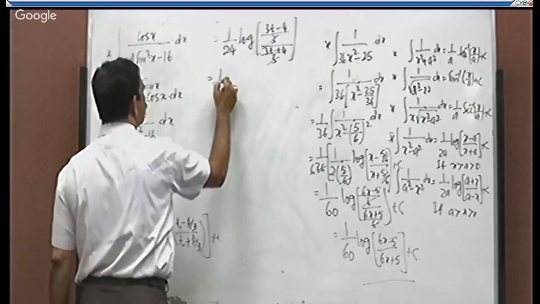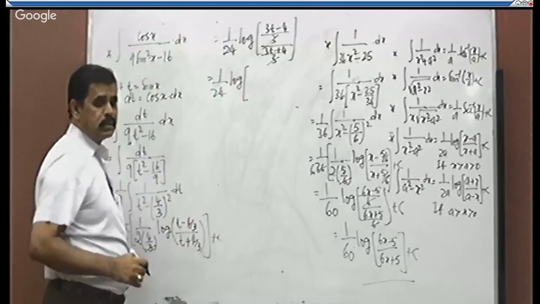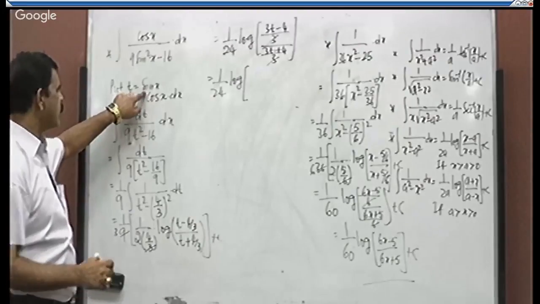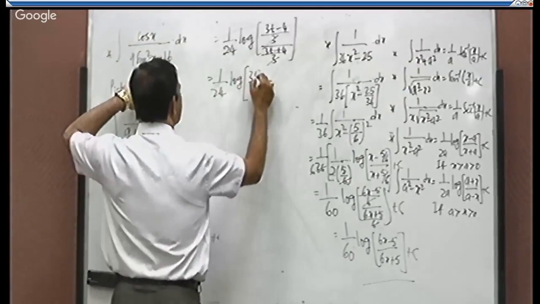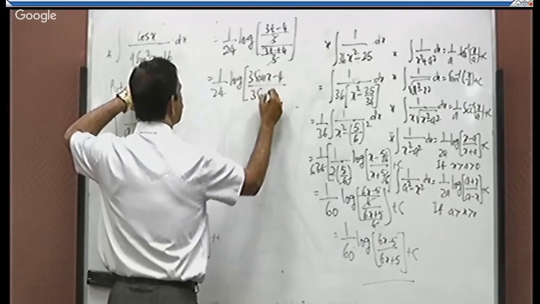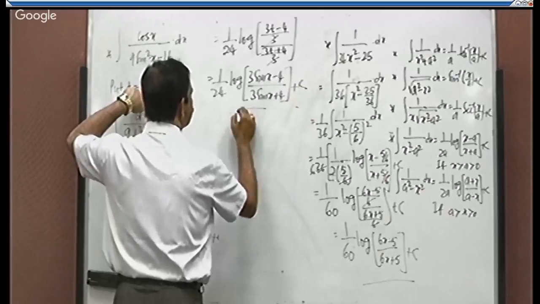It is 1 by 24 into log of. Just make substitution for t. What is t? T is equal to sin x. 3 sin x minus 4 divided by 3 sin x plus 4 plus c is the answer.